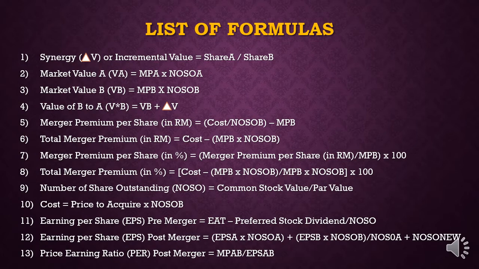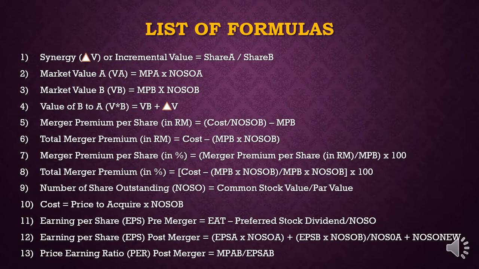The third formula is regarding market value for B company, which is the market value of the target company represented by VB, and the formula is equal to market price B, which is MPB, times NOSO B, which represents number of shares for the target company.